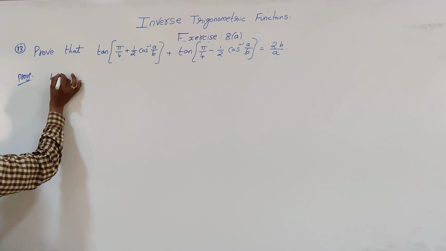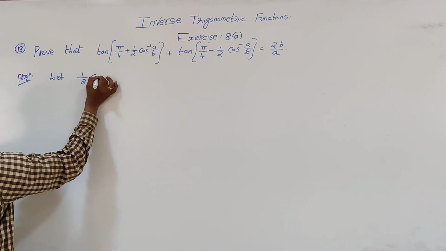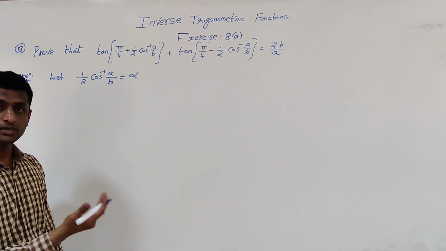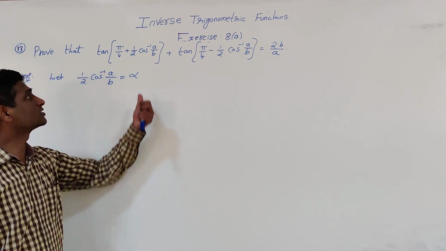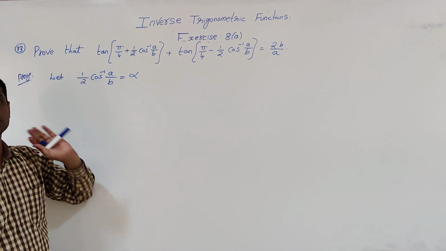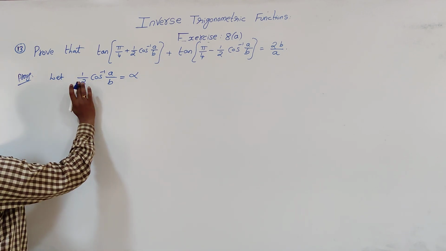So let 1 by 2 cos inverse of A by B be alpha. Or another method is you can treat cos inverse of A by B as alpha by keeping 1 by 2 as it is. Now what happens?